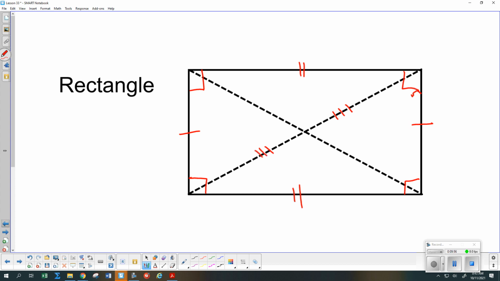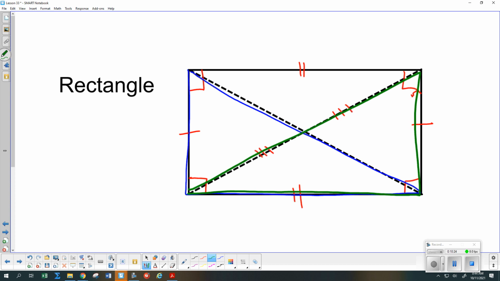So if I then want to look at this triangle, it has one tick mark, two tick marks, 90 degrees in between, SAS. If I look at this triangle, it has one tick mark, two tick marks, and 90 degrees in between.